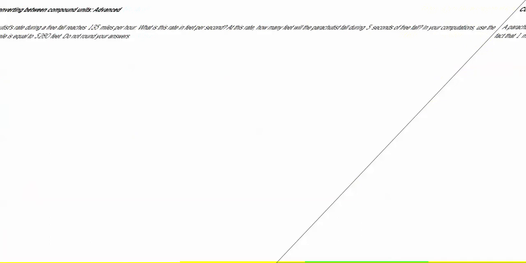Let's take a look at a second example. A parachutist's rate during a free fall reaches 135 miles per hour. 135 miles per 1 hour.